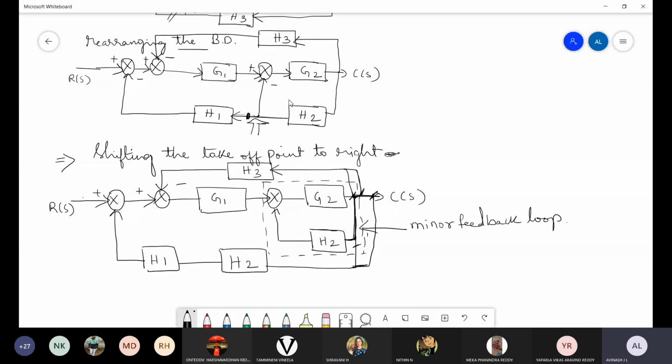Once it becomes a minor feedback loop, and as this one is very simple, these two blocks are in series with each other. Clear? Yes, sir. Now once you've done this one, you can reduce this to the next level. I hope that you people have taken it, or else I'll give you 1 minute of time. Please make a note of it.